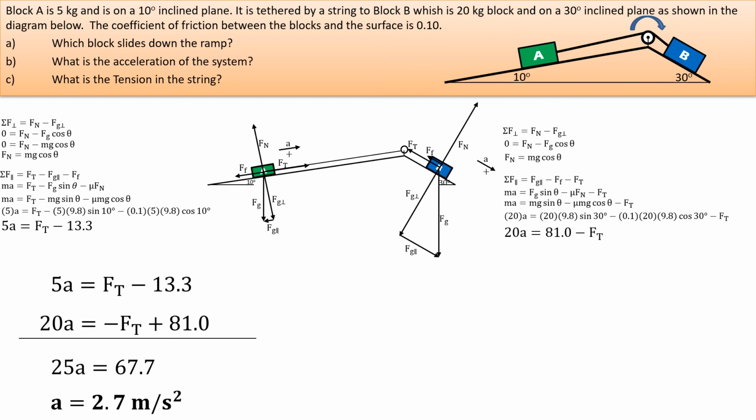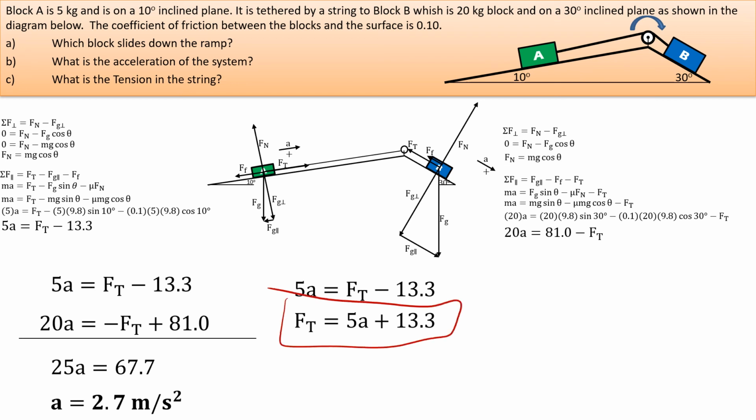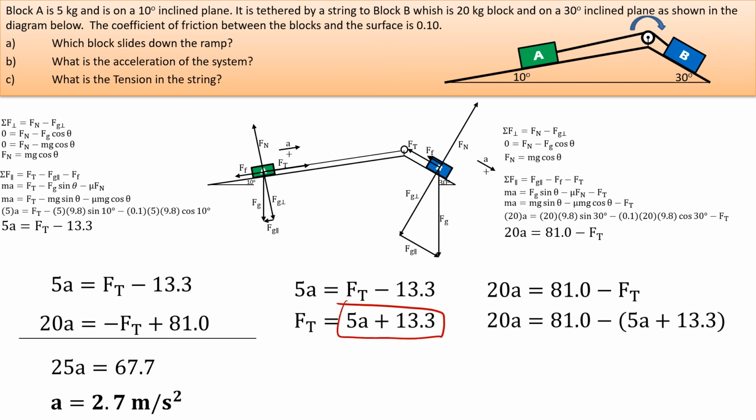So if you wanted to do it a different way, you could take one equation and solve for a variable. In this case, I added 13.3 to both sides, and I said that the tension is equal to 5a plus 13.3. Then you take your second equation and you plug in for the tension. There's our 5a plus 13.3. Then it's just a matter of combining like terms. First I distributed the negative.